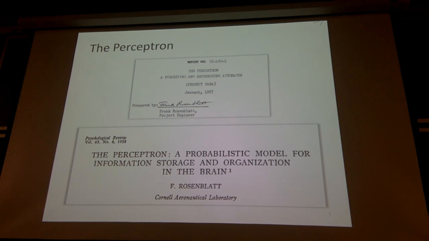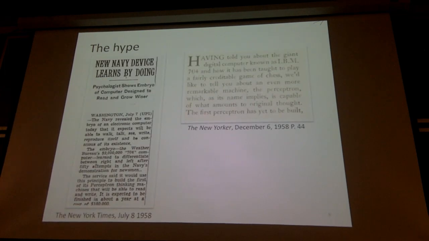We're talking about the kind of speed that we associate with the internet era, but this happened in 1958. The paper was published in 1958 and very quickly made it to the New Yorker and the New York Times. If you can't read what's written here, let's see what the New York Times says. The Navy revealed an embryo of an electronic computer that it expects will be able to walk, talk, see, write, reproduce itself, and be conscious of its existence.